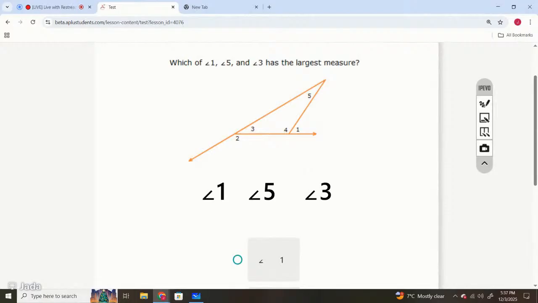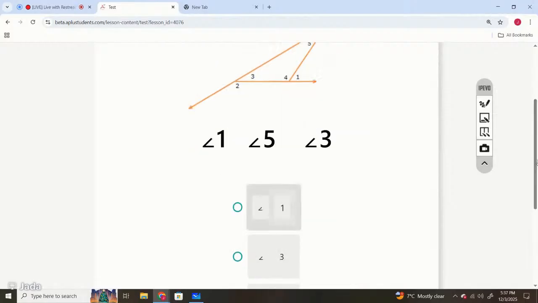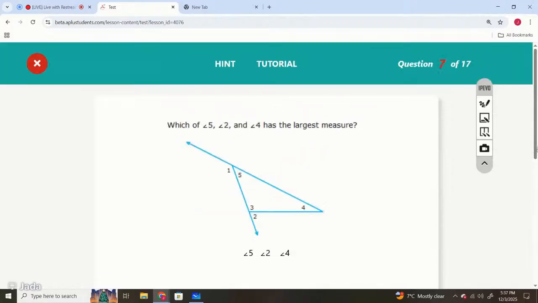Angle 1 is the largest one because that is the exterior angle, right? Okay, you can complete the lesson by yourself later today.